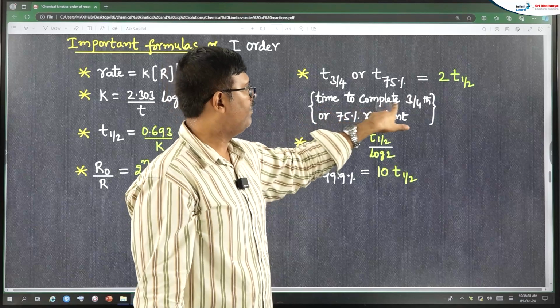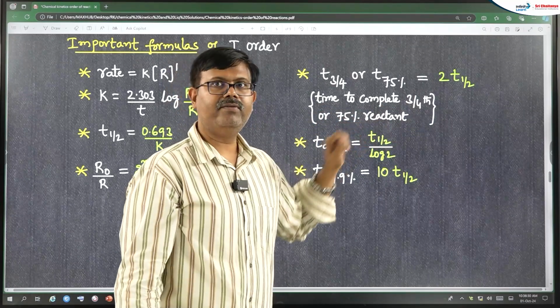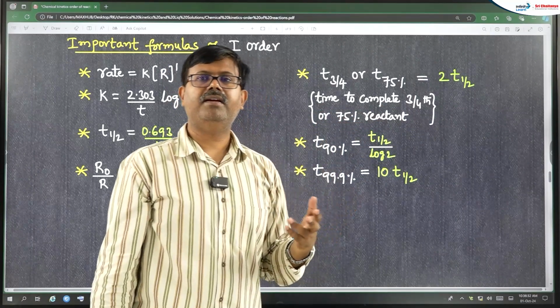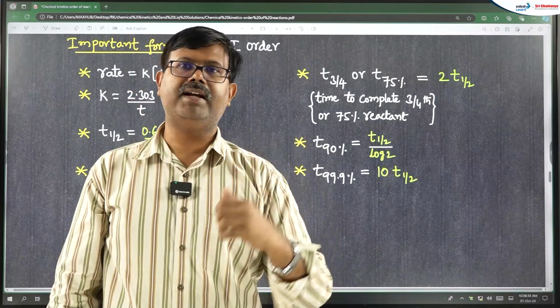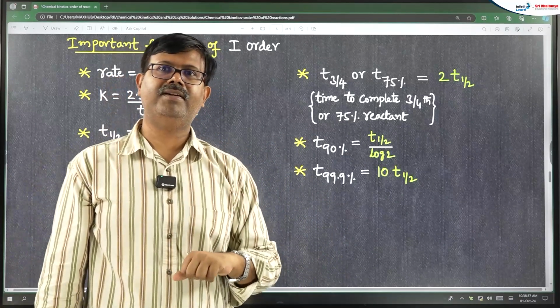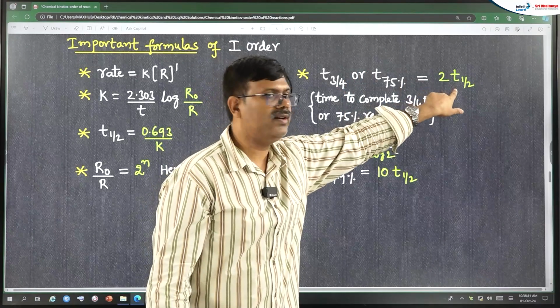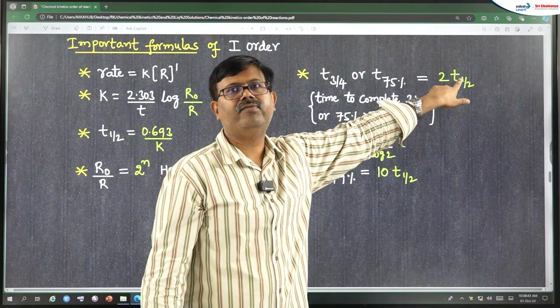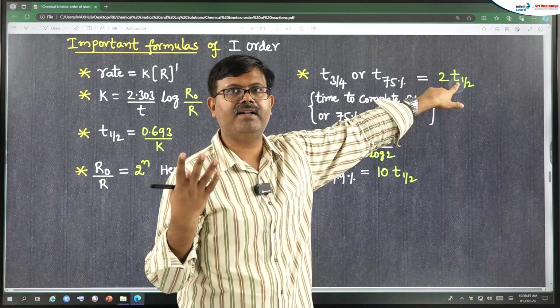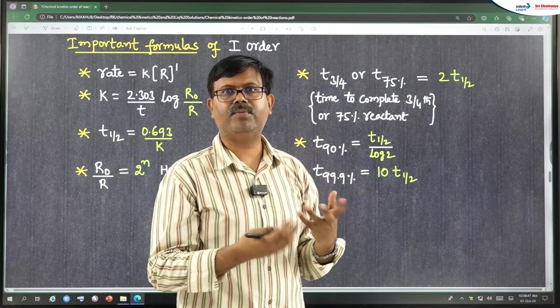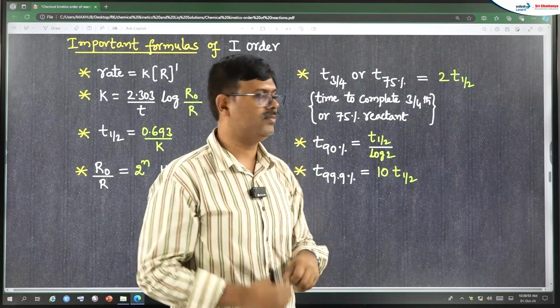It is the time to complete 3/4 or 75% of the reactant. Sometimes they say 3/4 completion time is 60 seconds. What is the half-life? Can I say 2 times t half is 60 seconds? Therefore, half-life will be just 30 seconds.